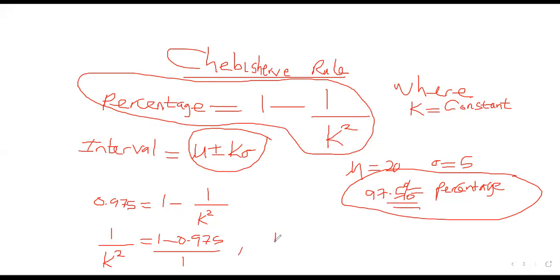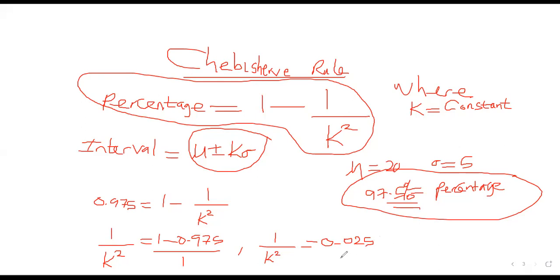So 1 over k squared is equal to 1 minus 0.975. What are we getting? Give me the answer there. We have calculated 0.0 what?